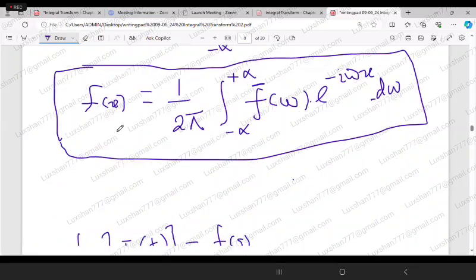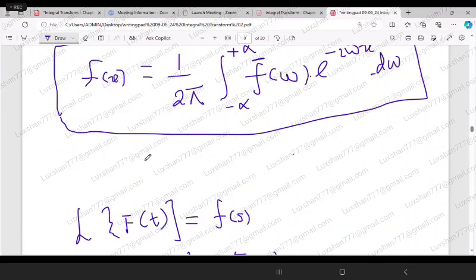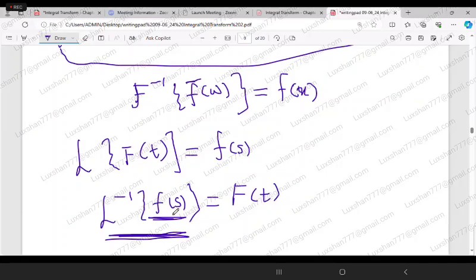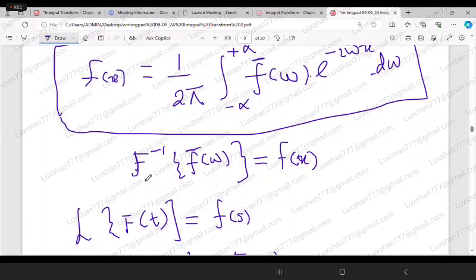Therefore, here, what is f(x)? The inverse Fourier transform of f bar omega equals f(x), isn't it? Laplace transform of f(t) equals F(s), then the inverse Laplace transform of F(s) is equal to f(t). Similarly, the inverse Fourier transform of f bar omega should be f(x).